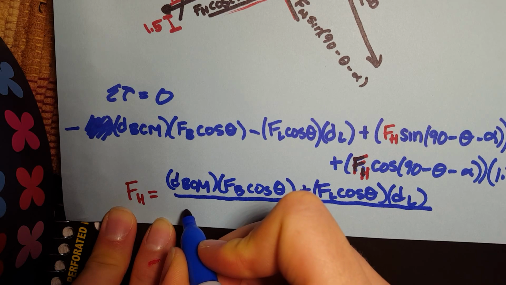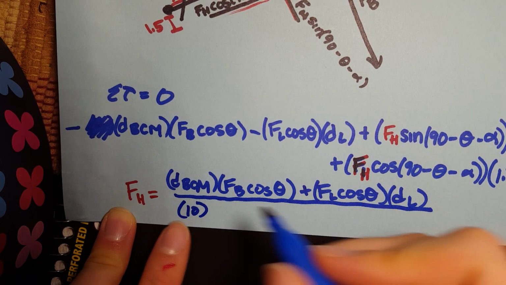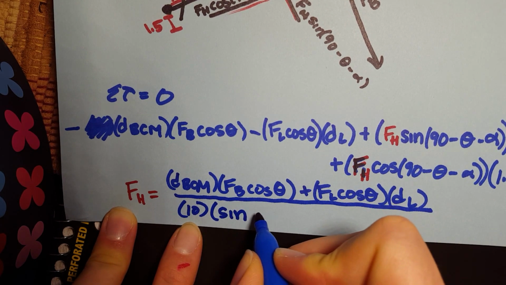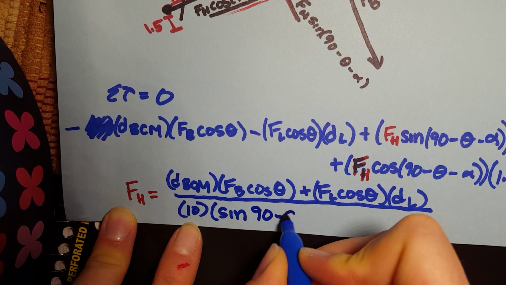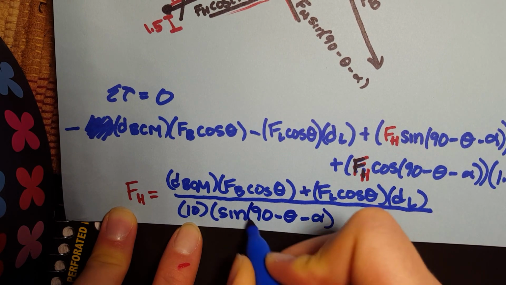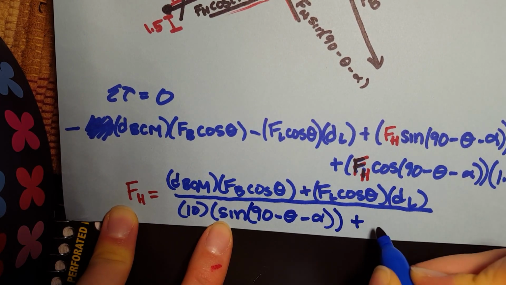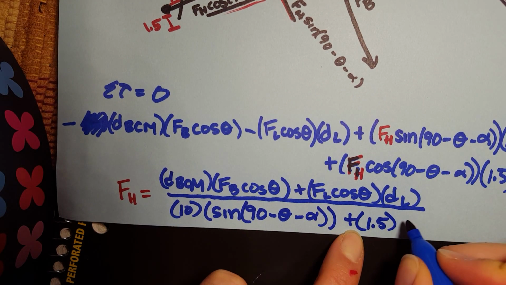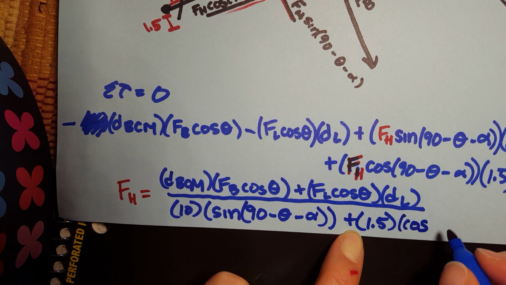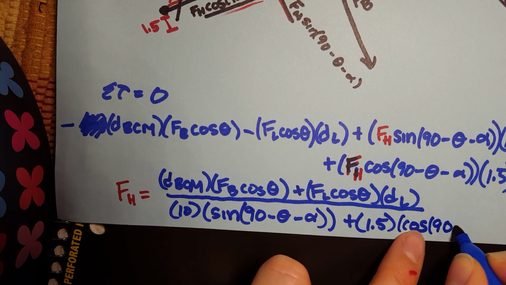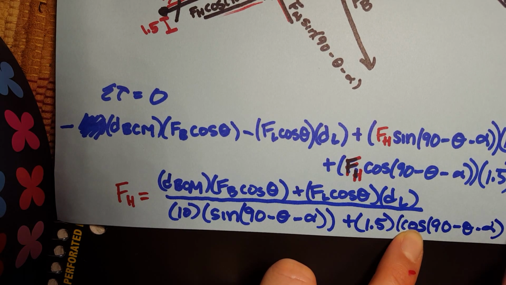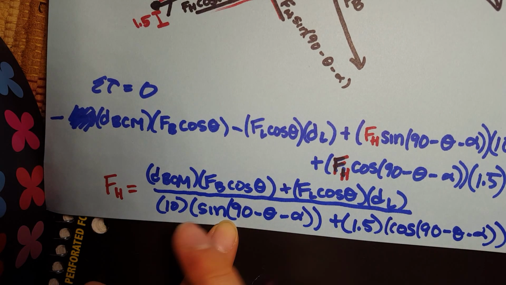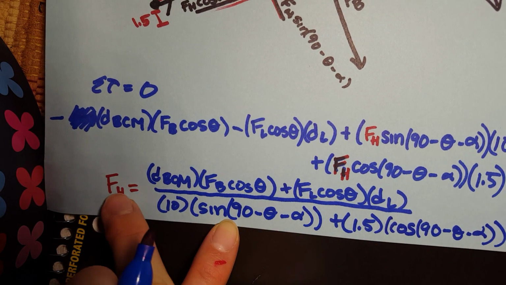10 times sine of 90 minus theta minus alpha plus 1.5 times cosine 90 minus theta minus alpha. And again, I know this looks ridiculous because there are so many variables, but the only variable you didn't know was this.